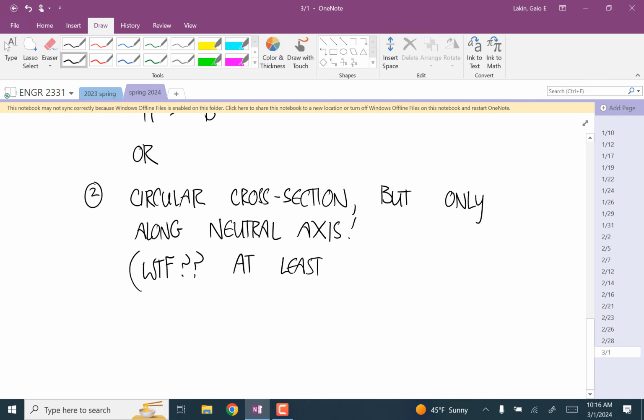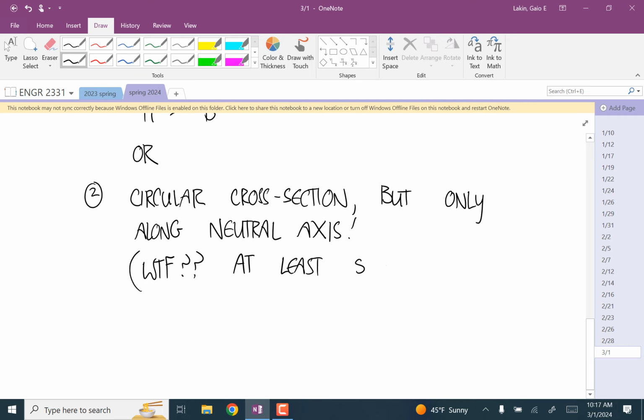But at least, why would we care about what's happening along the neutral axis? The stress is biggest along the neutral axis. So at least we can calculate the maximum shear stress due to the shear force.